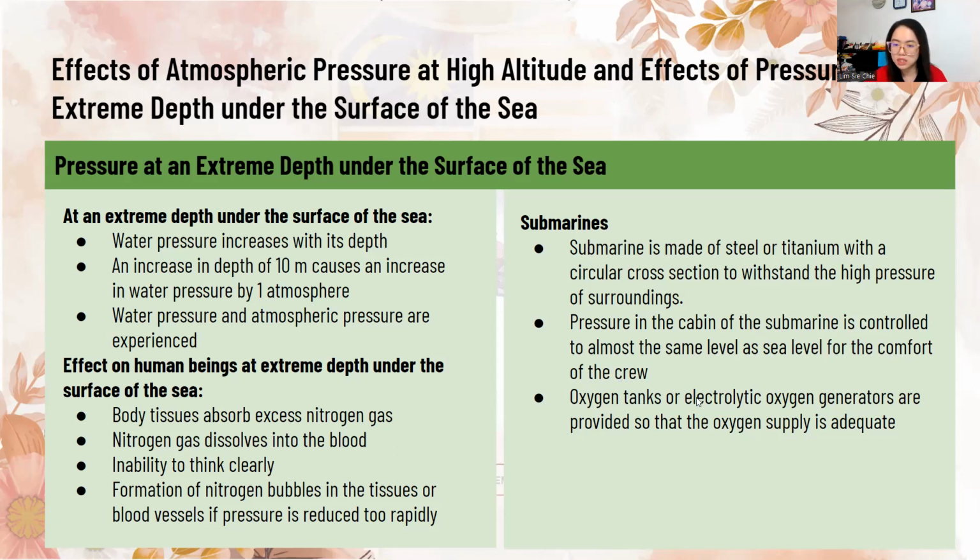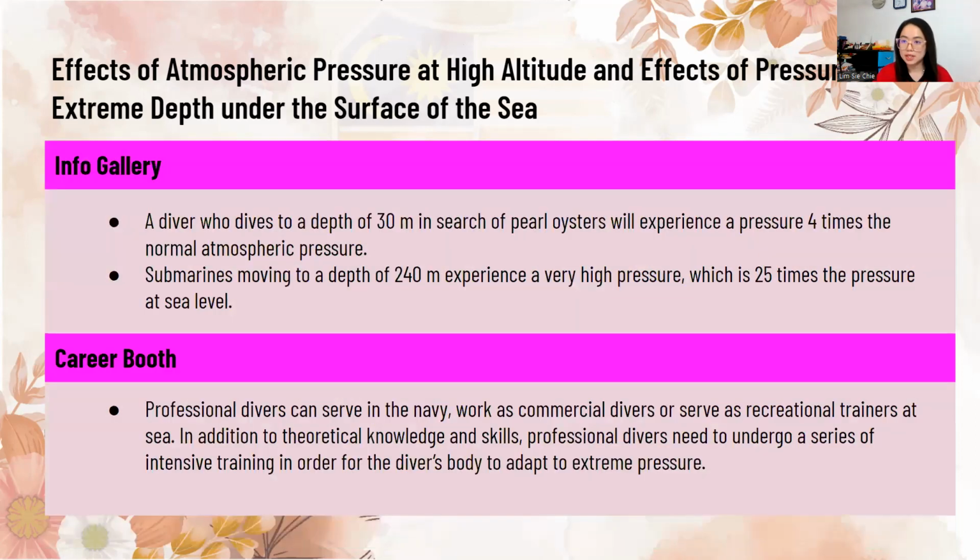Oxygen tanks or electrolytic oxygen generators are provided so that the oxygen supply is adequate. It's almost the same as in an aircraft. In the aircraft, they increase the pressure, but in the submarine, they reduce the pressure to almost the same as sea level, so you will feel more comfortable inside it.